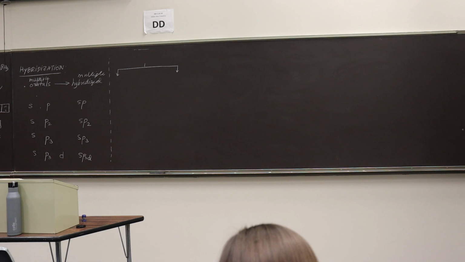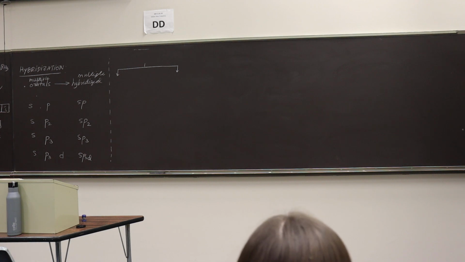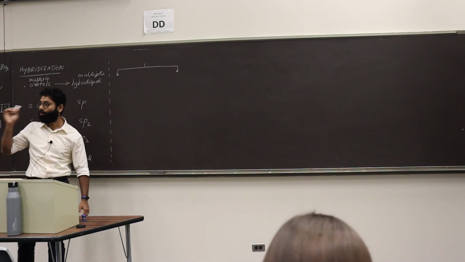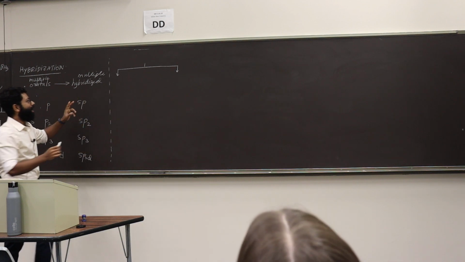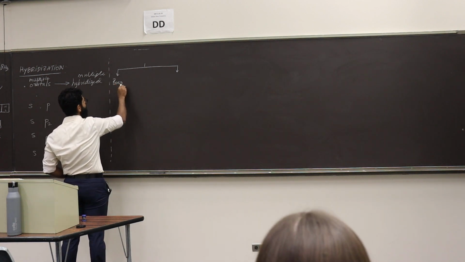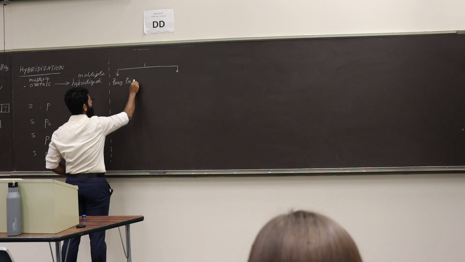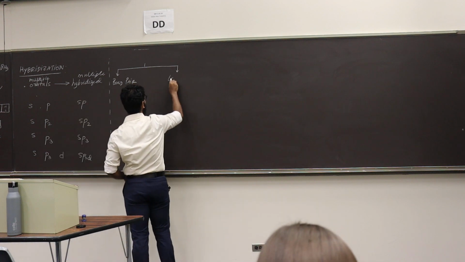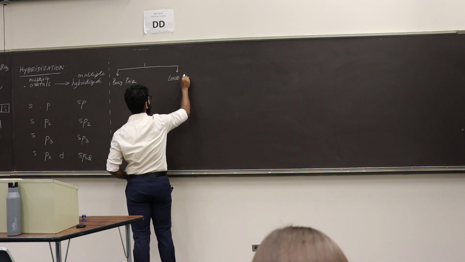In the case of H2O, there was this lone pair of electrons, right? And in the case of NH3, ammonia, we also saw the lone pair. So there are 2 types of electrons: one is a bond pair of electrons, and another is a lone pair of electrons.